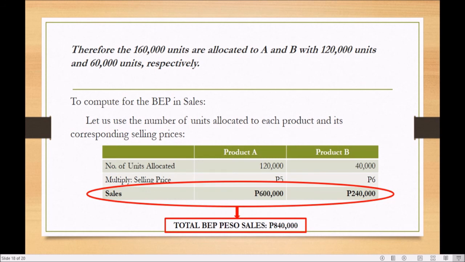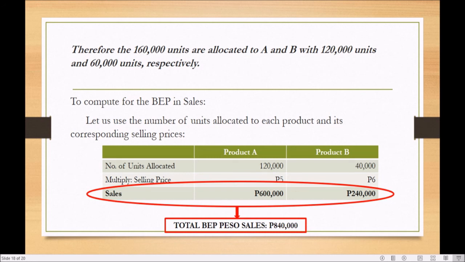Sige, ganito yon. To compute for the break-even point in sales, let us use the number of units allocated to each product and its corresponding selling price. Number of units allocated, 120,000 to product A, 40,000 to product B. Multiply it to the selling price. The selling price of product A is 5 pesos.